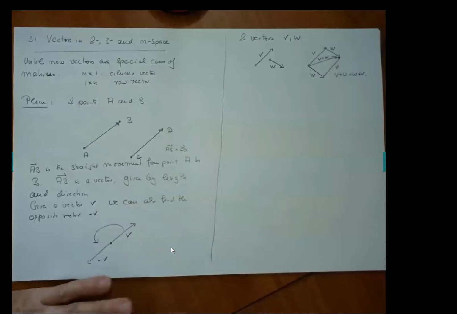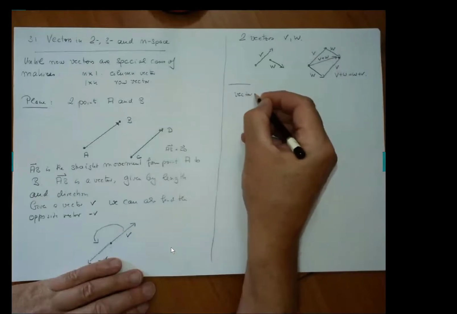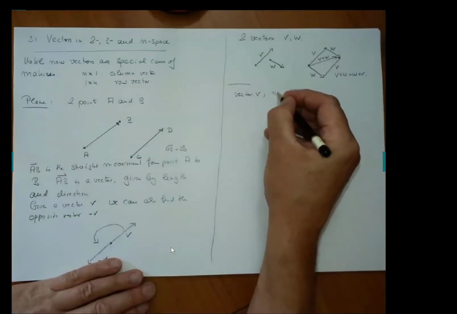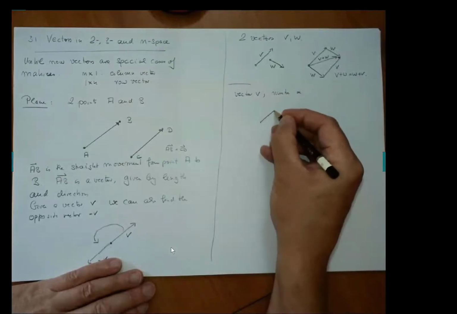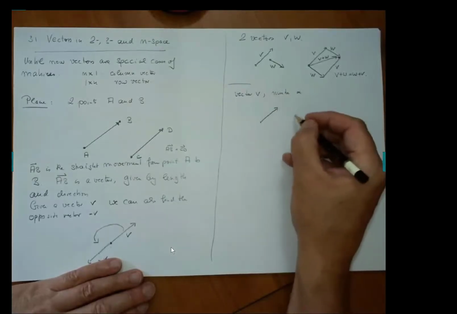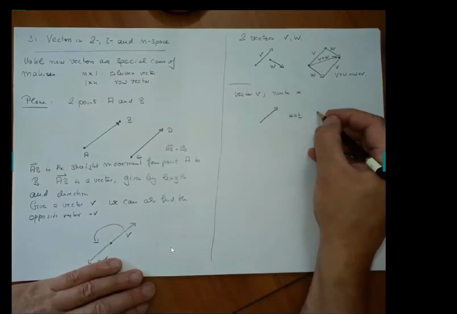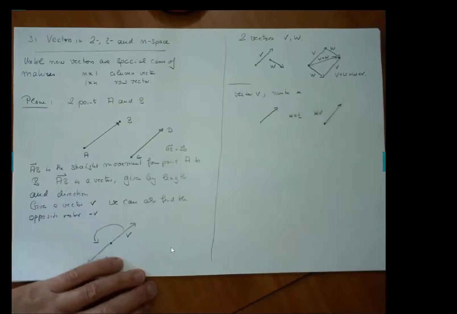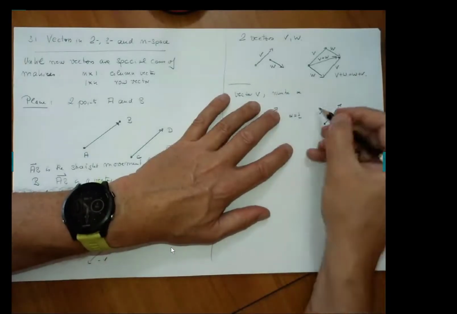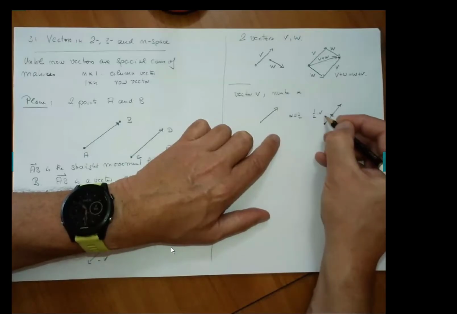Then finally, the last thing you can do is, if you have a vector v and a number alpha, so for example, v is this vector, and for example, alpha is 1/2, then alpha v, so if this is v, then maybe I should write instead of alpha, so alpha is 1/2, so we have 1/2 v would be just the vector up to here.